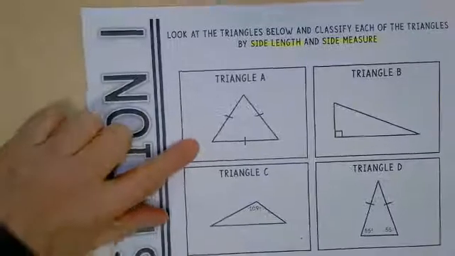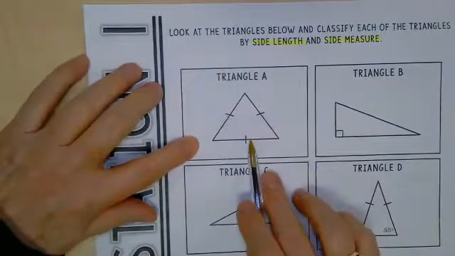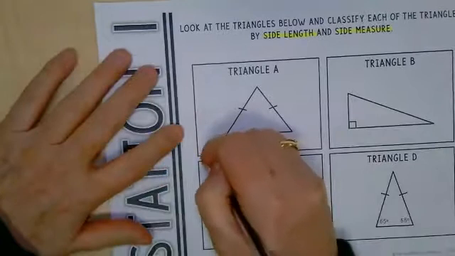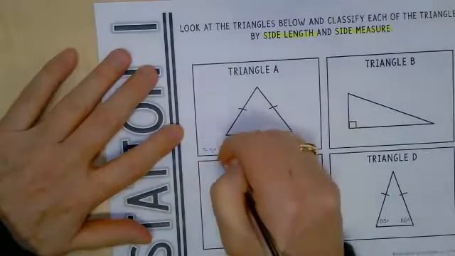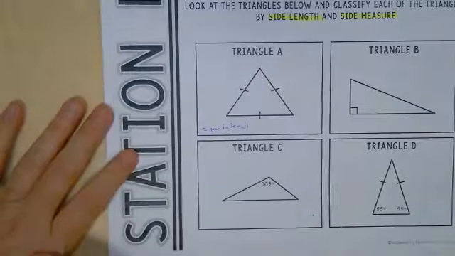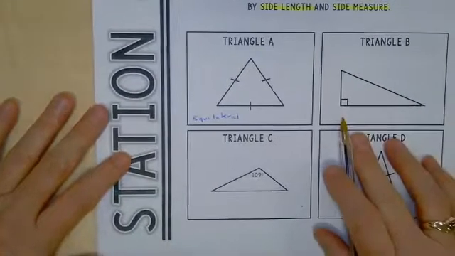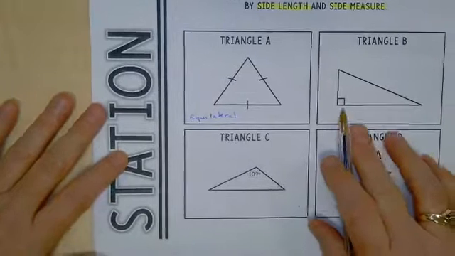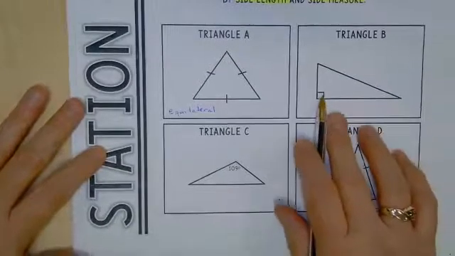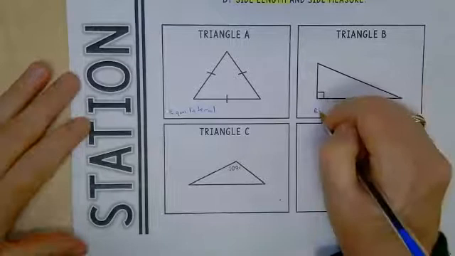So we're going to look at triangle A. You'll notice that by the side lengths, they're all the same sides. So that's considered an equilateral triangle. Triangle B, there's a 90-degree angle right there. So this is called a right triangle.